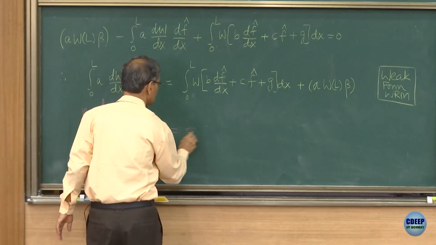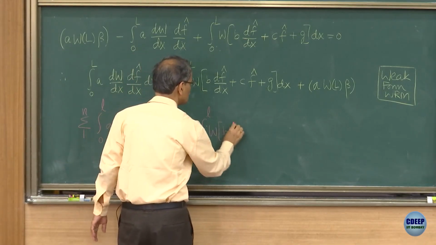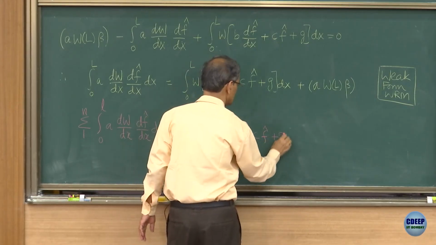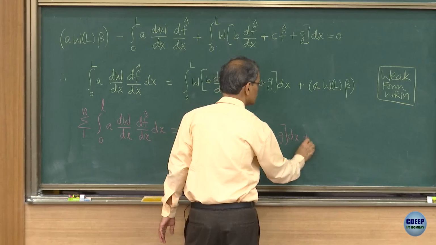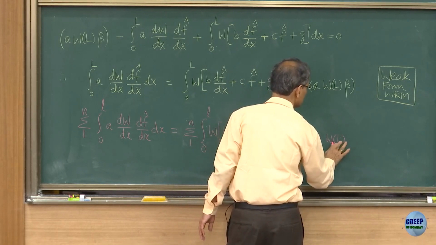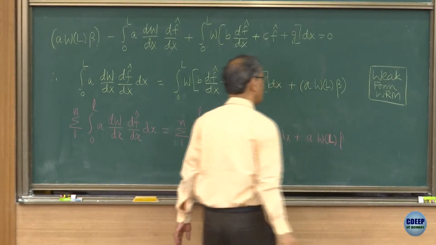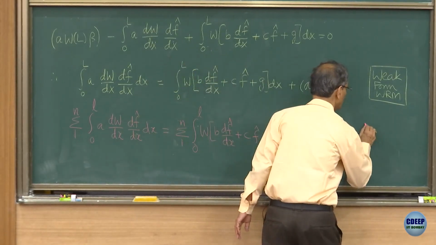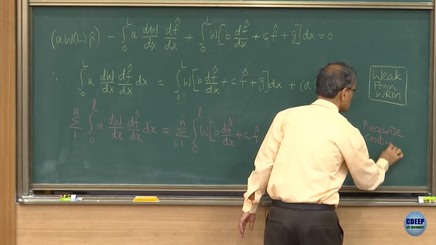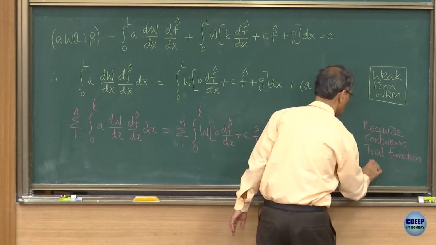Please see the same statement. Okay, so this would be the piecewise continuous trial function weighted residual method.